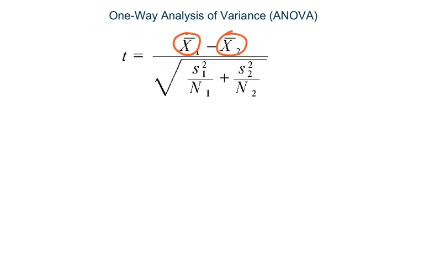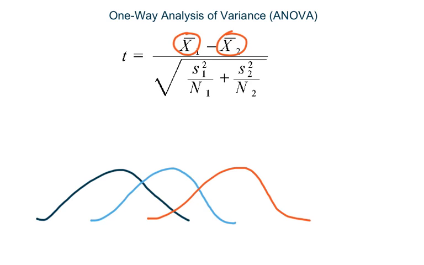The null hypothesis being that they all came from the same population, and the research hypothesis being that there are at least 2 separate populations, and maybe if we have 3 groups, maybe there's 3. So this one has its own mu, and this one has its own mu, and this one has its own mu.